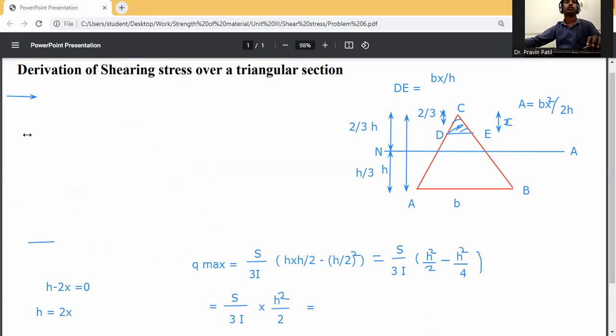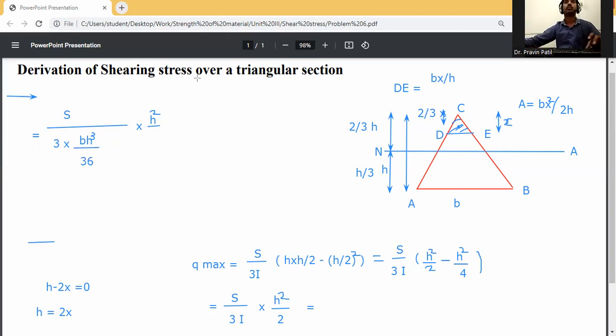So Q max is equal to capital S divided by 3 into BH cube divided by 36, into H square by 2.